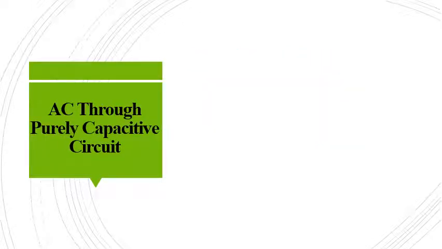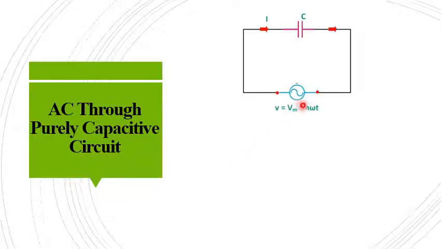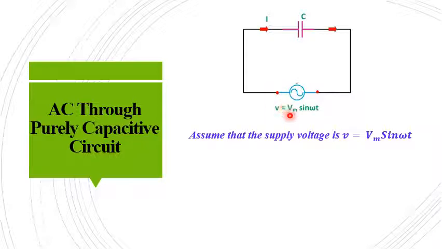Next, we can see what will happen when an AC is passed through a purely capacitive circuit. So consider the circuit. The capacitor has a value C, and a voltage V equal to Vm sin omega t is applied across this capacitor, and as a result a current I will flow through this capacitor.